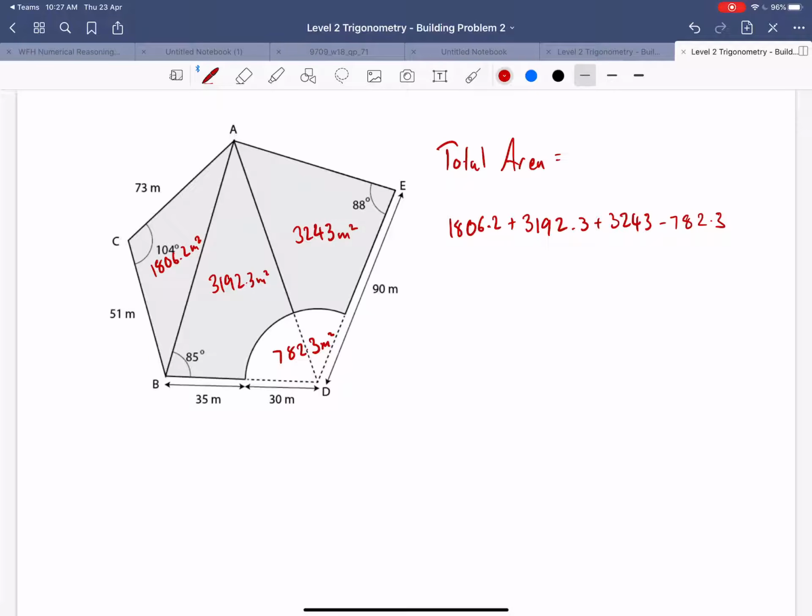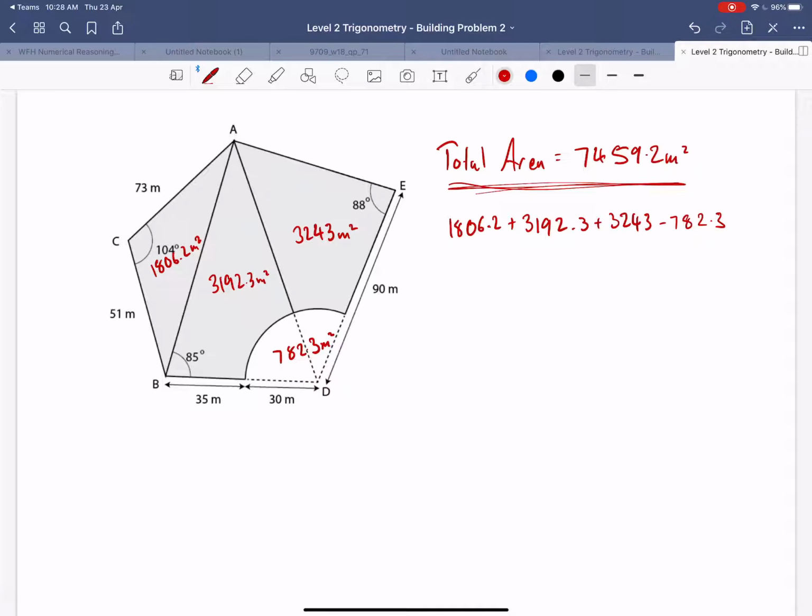So the total area, 1806.2 plus 3192.3 plus 3243 minus 782.3, is 7459.2 meters squared, plus or minus a couple of decimal places depending on the accuracy of your rounding.